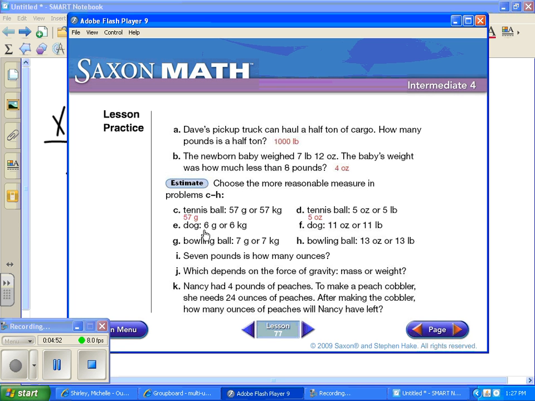How about a dog? 6 grams, like 6 paper clips, or 6 kilograms? I hope you said 6 kilograms. That'd be an incredibly eensy weensy dog. It'd be like a Barbie dog to weigh 6 grams. F, a dog: would it be 11 ounces or 11 pounds?